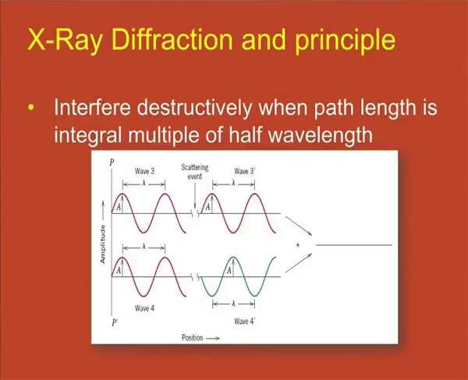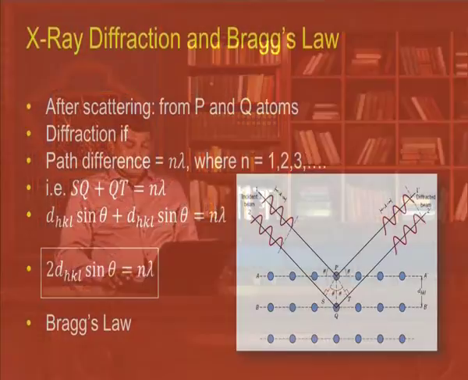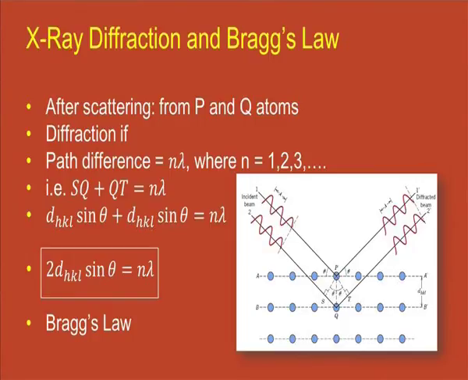If we consider two X-ray waves incident on a solid on two different atomic planes at an angle theta, and these two waves are coherent and monochromatic in nature, and the interplanar spacing between the two planes is denoted by d_hkl, then there will be constructive interference when the path length between the two waves is equal to n lambda, where n is an integer.